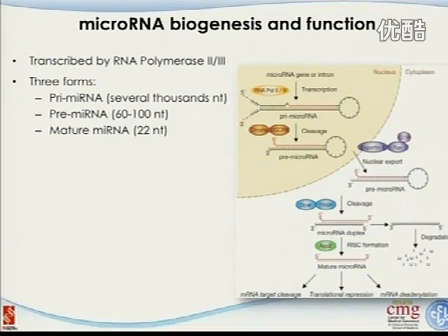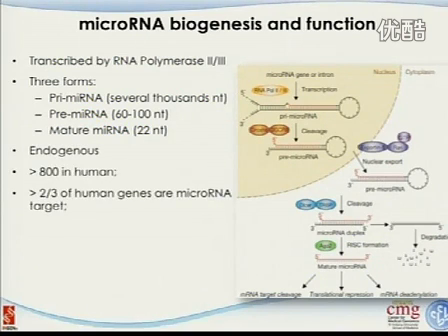We know that Dicer and Drosha, and they eventually become the mature microRNA that is only 22 base pair long. So it's three different forms: primary, very long; precursor, about 100 base pair; and the mature, which is very short. And this microRNA is well studied, and we have almost 1,000 in the human genome.